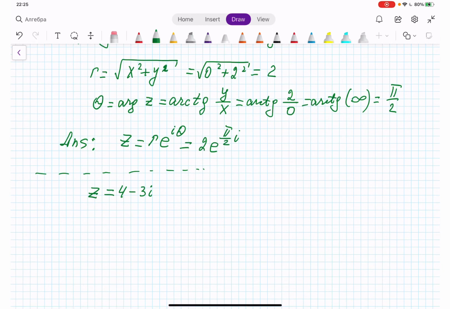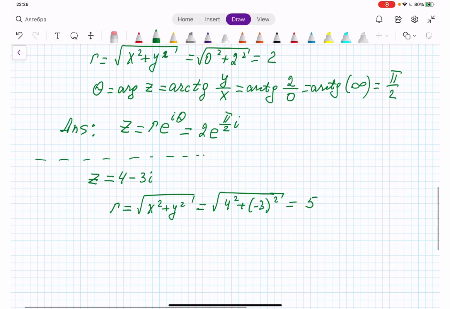Let's use the formula that represents the modulus of a complex number, which is r. It's going to be equal to the square root of x squared plus y squared. In this case, we will get 4 squared plus negative 3 squared, and that is equal to 5.